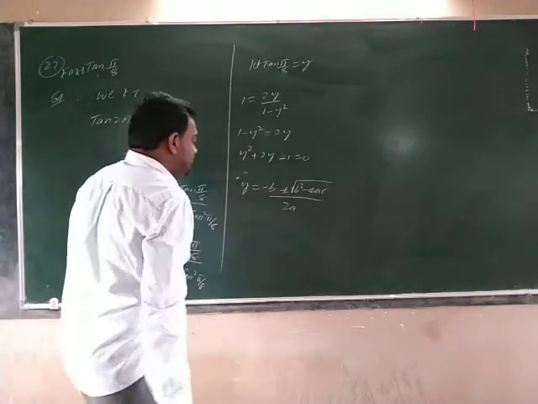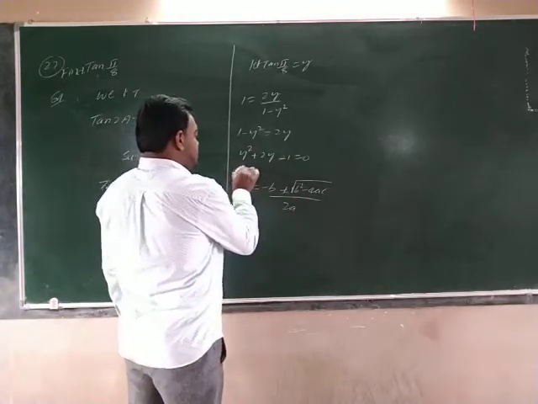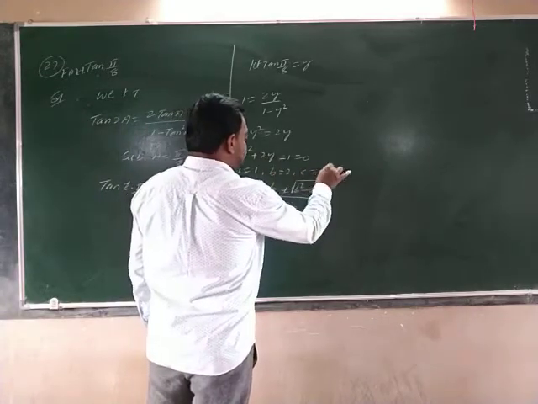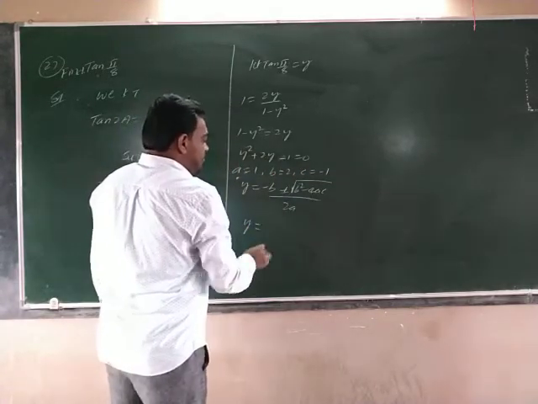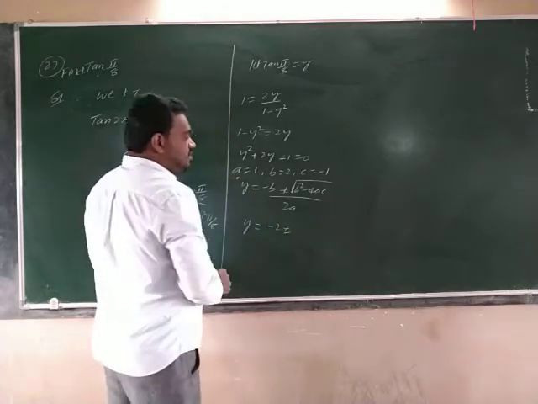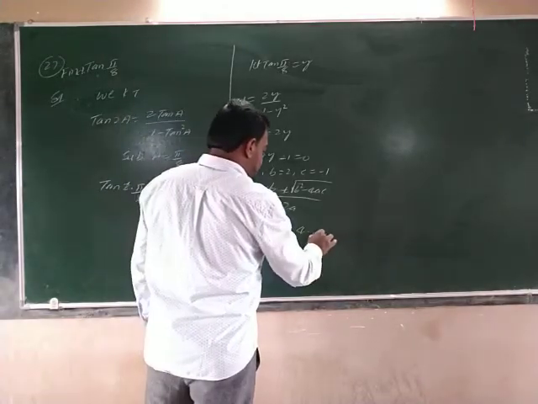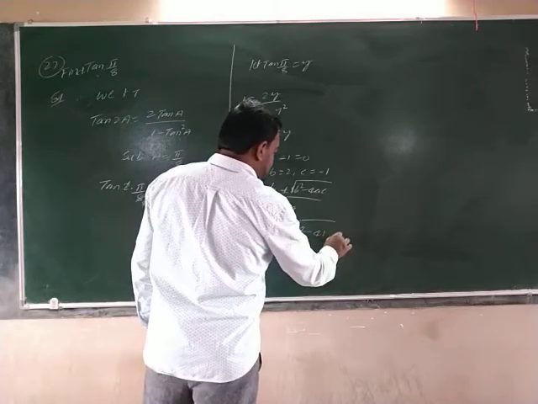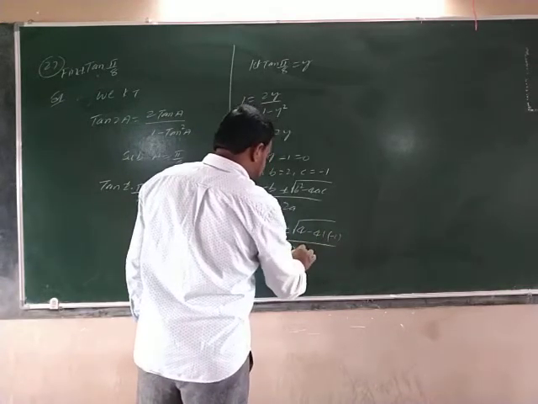We know this one, the roots of the quadratic equation. Here a is equal to 1, b is 2, c is minus 1. Substituting, minus 2 plus or minus square root of 2 square minus 4 into a equals 1 into c equals minus 1, by 2a, 2 into 1.